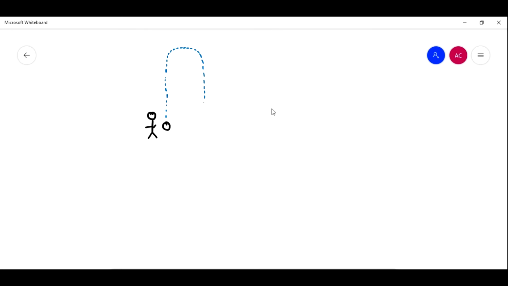And of course, it's going to return to the same place, it's going to return to the hand. I need to do this kind of drawing in order to show what is going to happen.